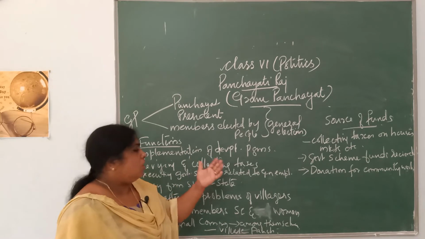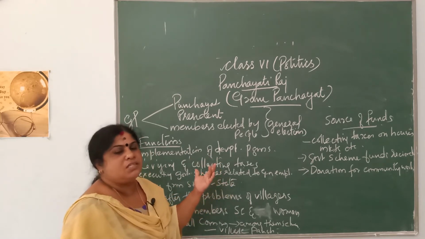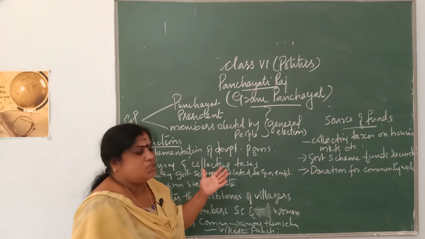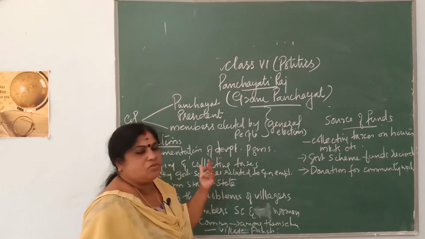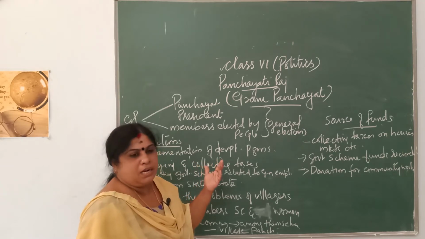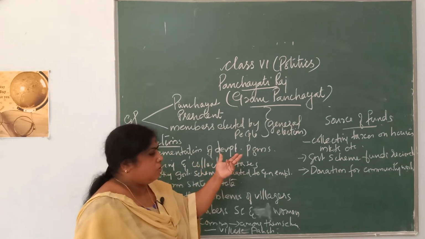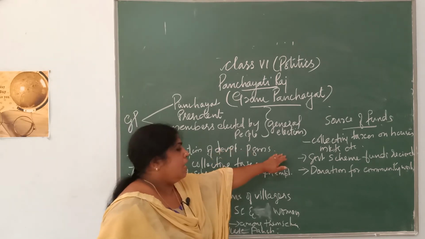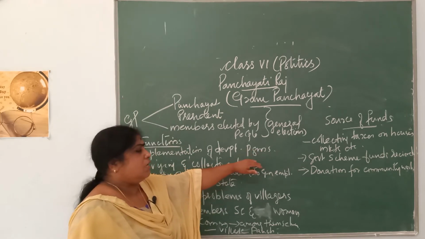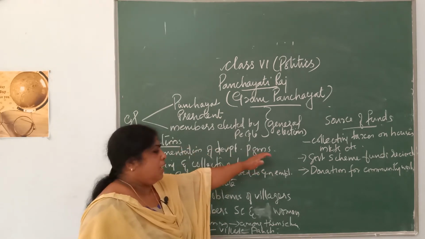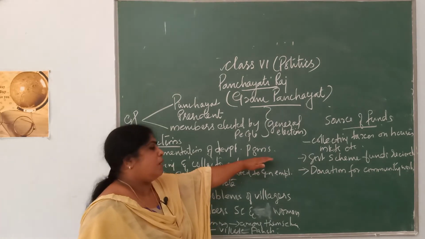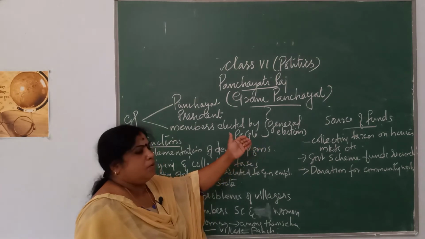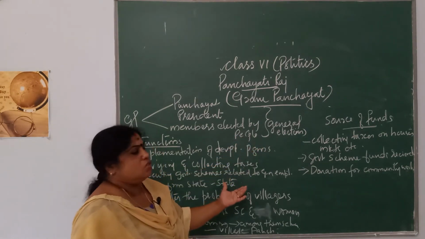Now in order to do all these functions, it needs funds. So from where does the Panchayat get its funds? It gets its funds mainly by collecting taxes on houses, and taxes on marketplaces, etc. Then the government provides some funds related to the schemes put forward by the government, and the Panchayat uses these funds to uplift the conditions of the villages.